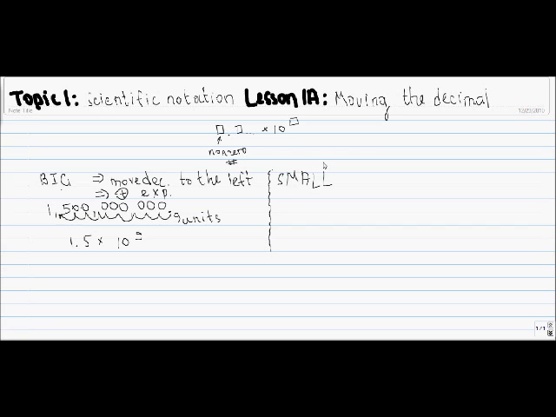So an example of such a number could be, let's say, 0.000, 5 more zeros, 70. So definitely you can see this number is very small.